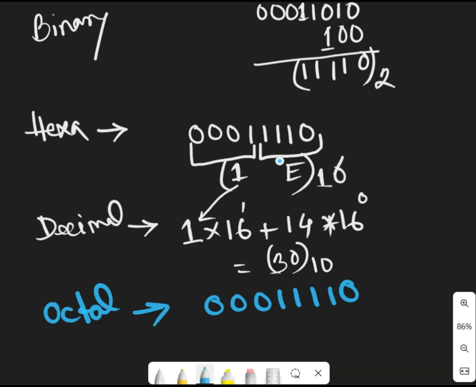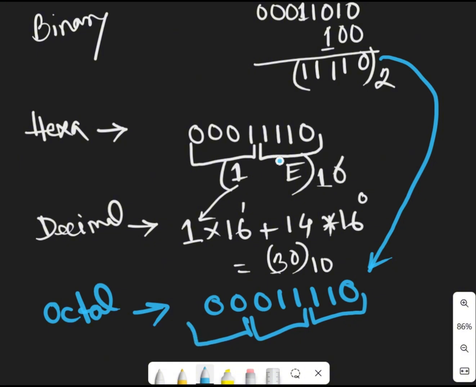Now time to convert into octal. So the sum for these two numbers, let's again write down the binary value, whatever we have from the sum: 00011110. As we are converting to octal, so we have to take 3 digits, 3 bits, pardon. So here as well 3 bits. Let's write down 0 at left, so it actually does not give any significance.